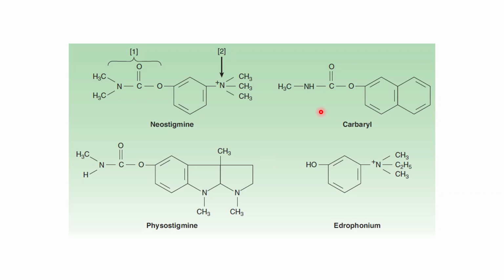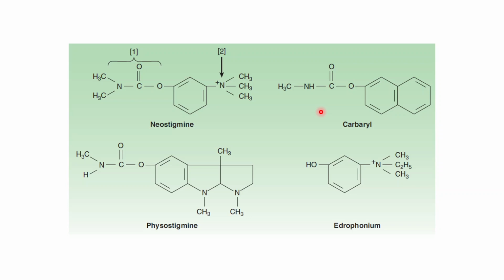Absorption of the quaternary carbamates from the conjunctiva, skin, gut, and lungs is predictably poor, since the permanent charge renders them relatively insoluble in lipids, thus much larger doses are required for oral administration than for parenteral injection.